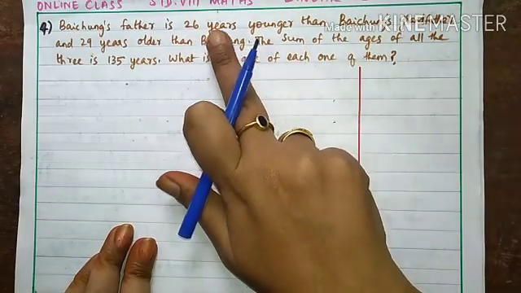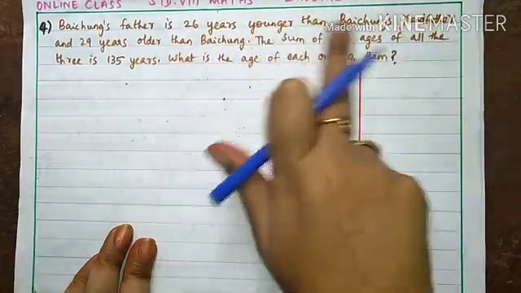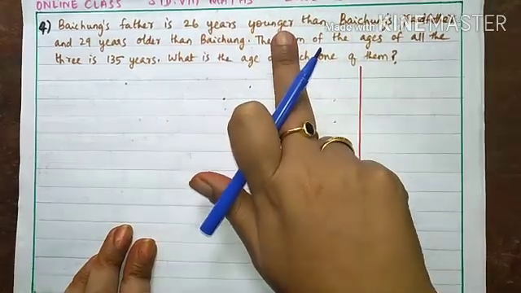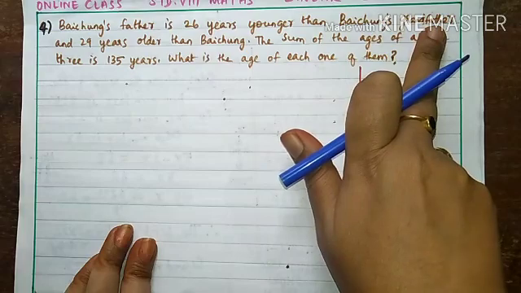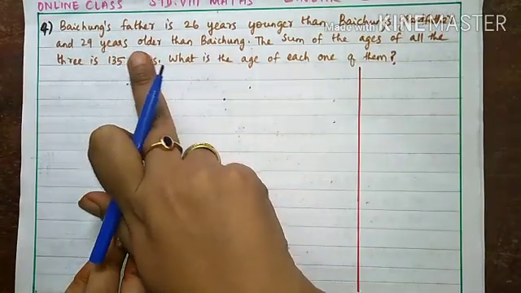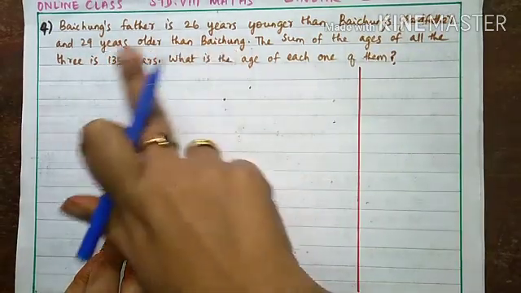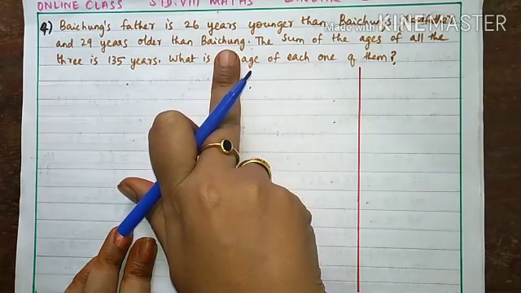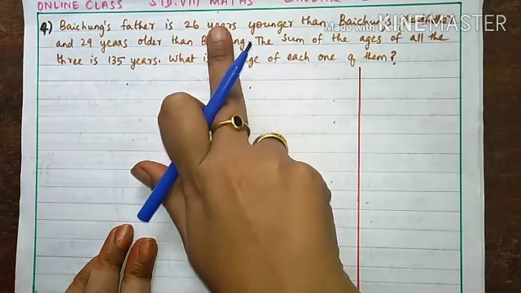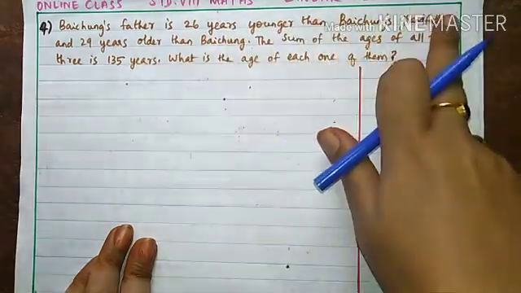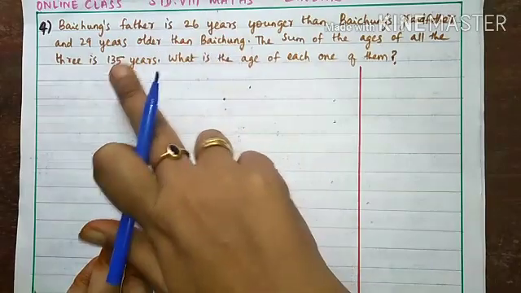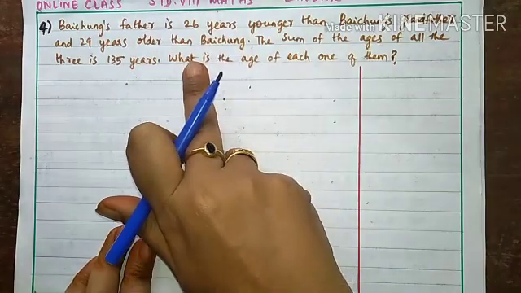Okay. So father's age and grandfather's age relation is given. Father is 26 years younger than grandfather and 29 years older than Baichung. Who is 29 years older than Baichung? Baichung's father. Okay. So father is younger than grandfather by 26 years and older than Baichung by 29 years.